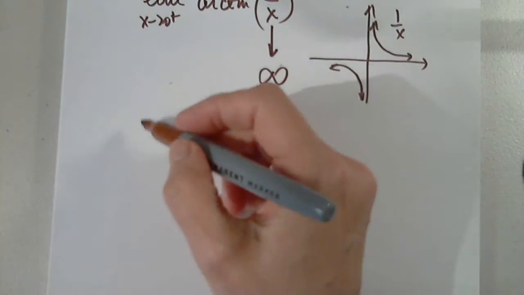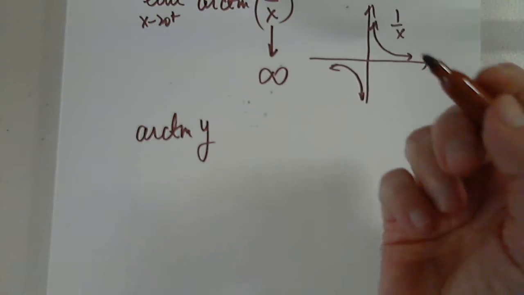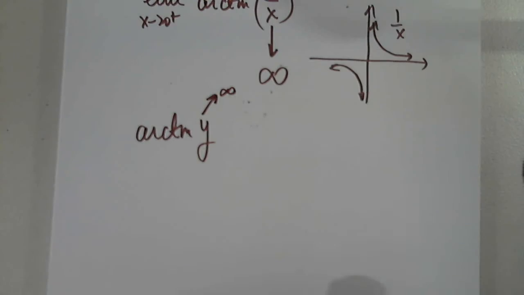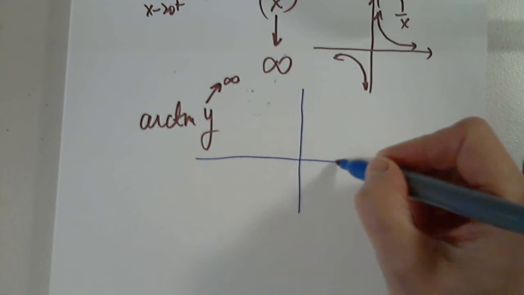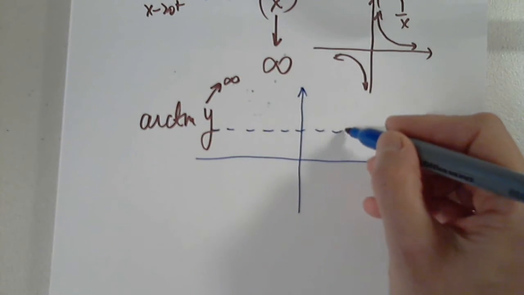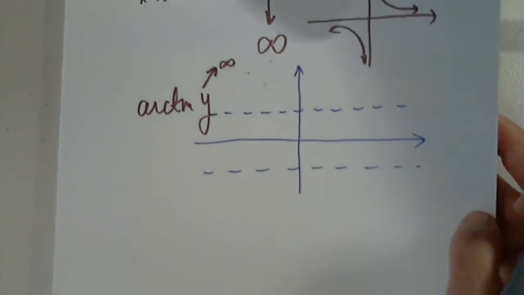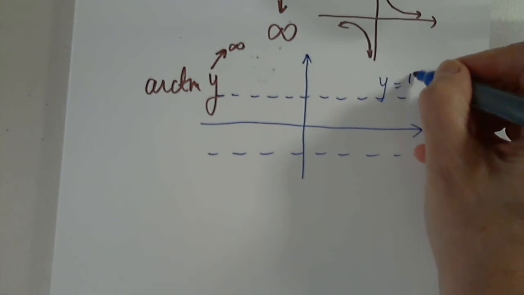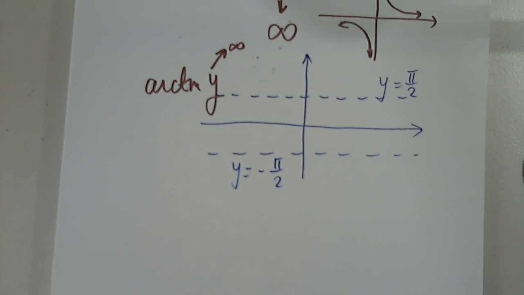And now what happens when arctangent is applied to a value, let me call it y, that approaches infinity? So the graph of arctangent, I think we reviewed it sometime during the skills assessment, but maybe not. The function is bounded above by pi over 2 and below by negative pi over 2.